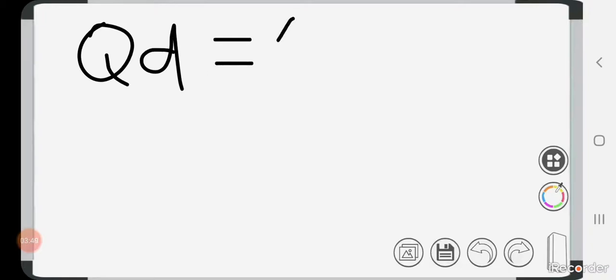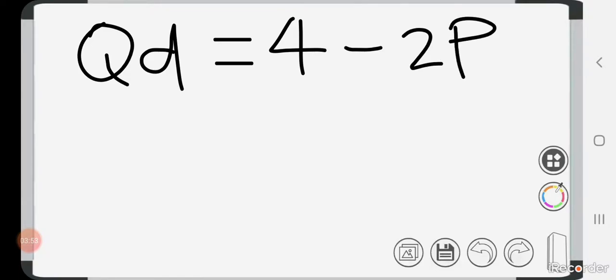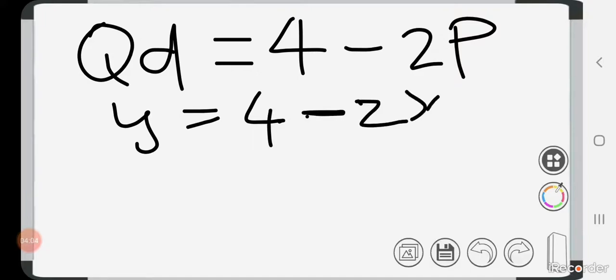Right? Now, in this quantity demanded of 4 minus 2p, we know that we've written it as 4 minus 2x.